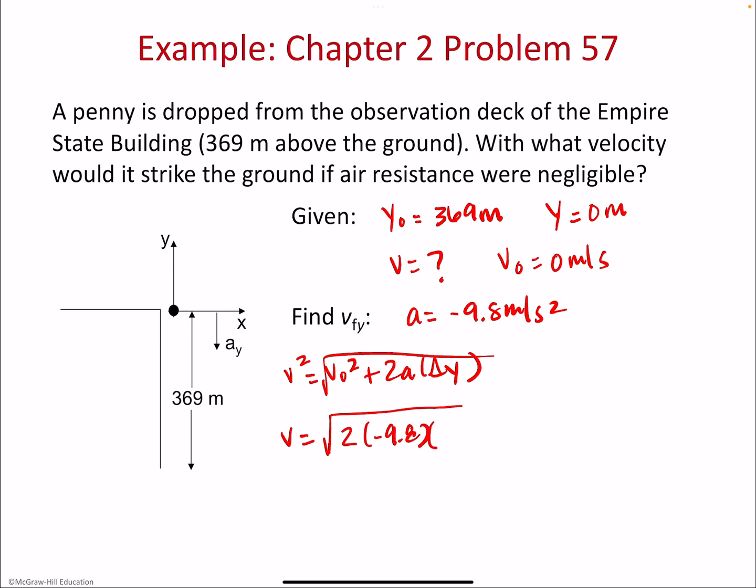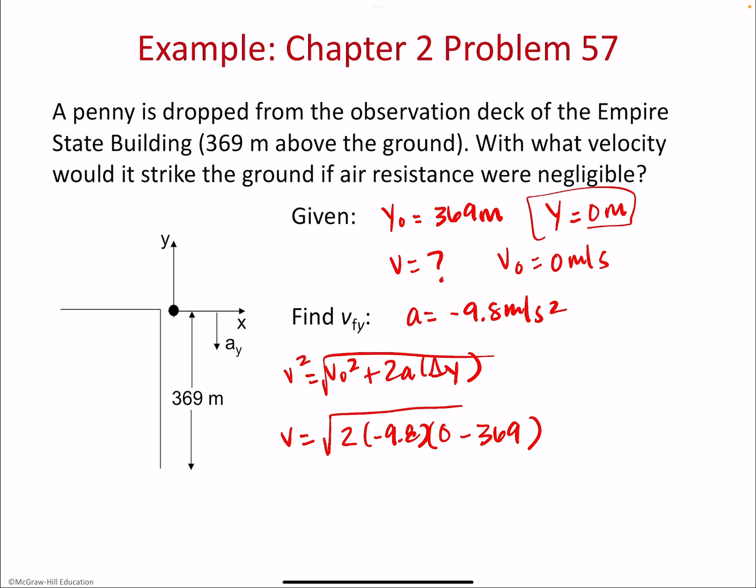This is technically change of position, because what was our final position? 0 minus our initial position, which is really important because 0 minus 369 is going to give you a negative.